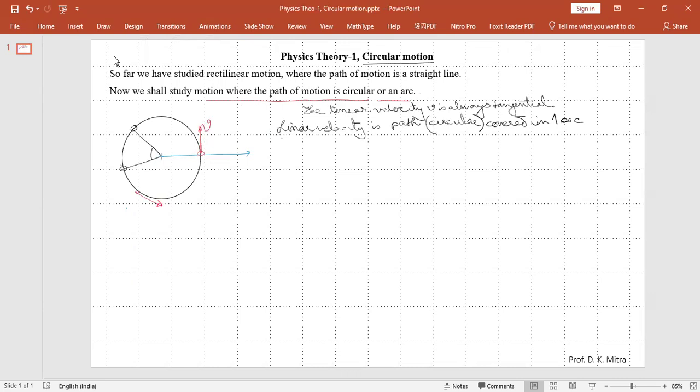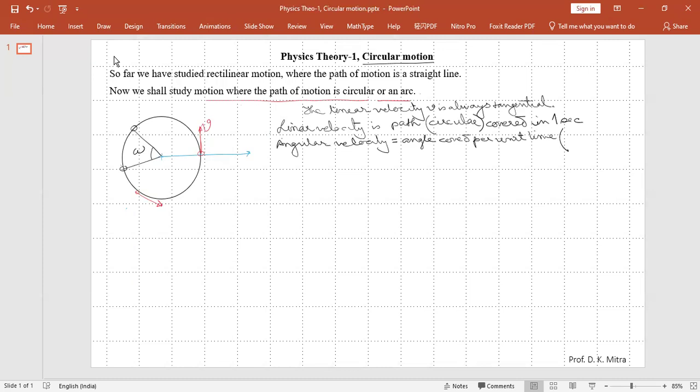This is defined as the angular velocity and normally denoted by omega. Angular velocity is angle per time.